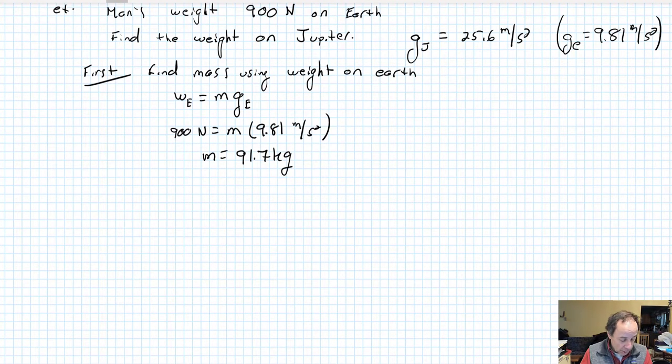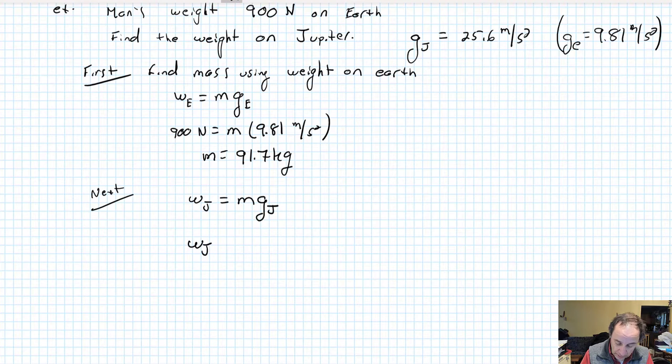Now, since mass doesn't change, we can find the weight on Jupiter pretty easy. So the weight on Jupiter is going to equal the mass, because that doesn't change, times gravity of Jupiter.